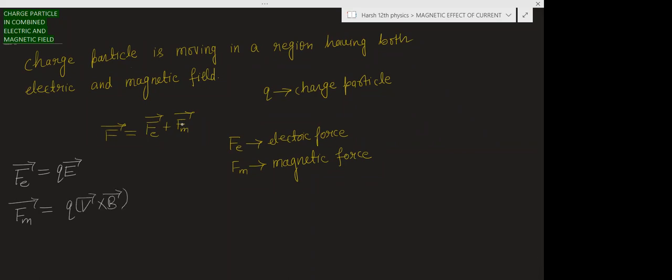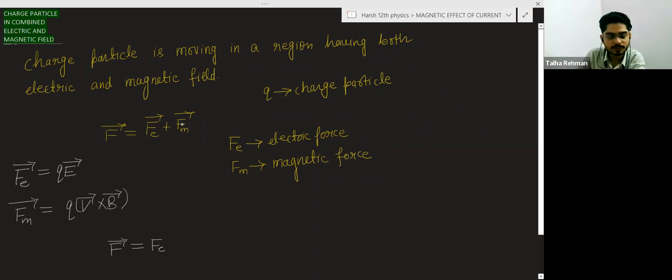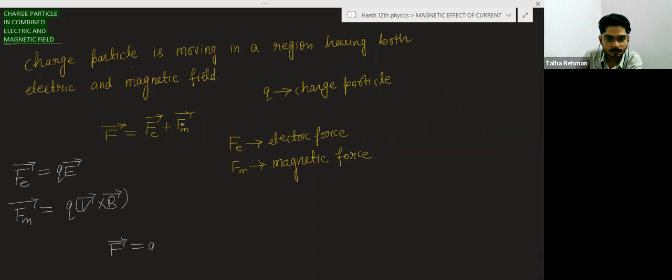When you put both the values here, you will get the total force, that is Q into E plus Q into V cross B. So this is the total force on the charge.